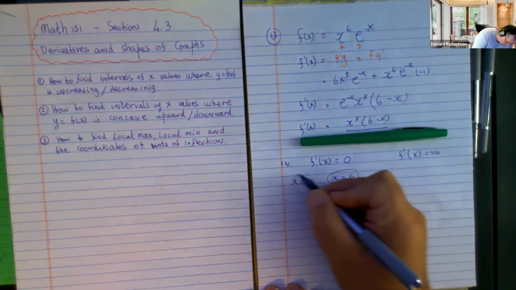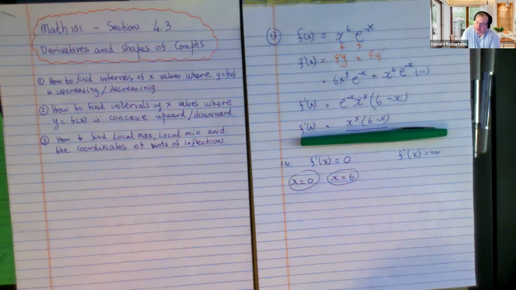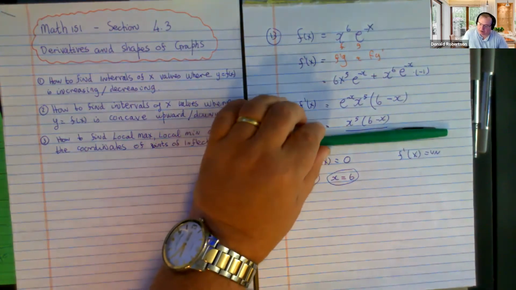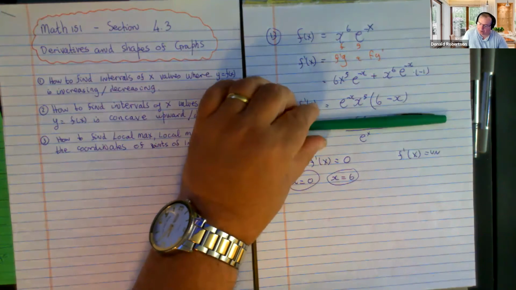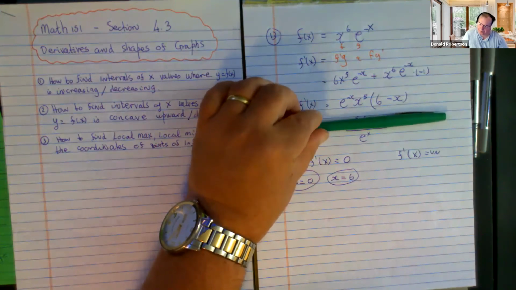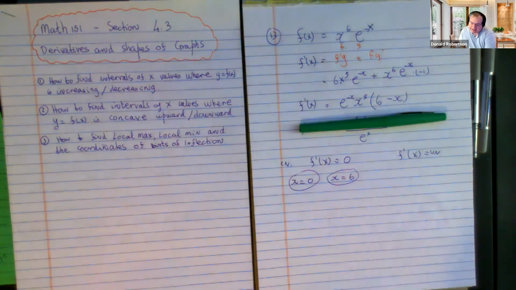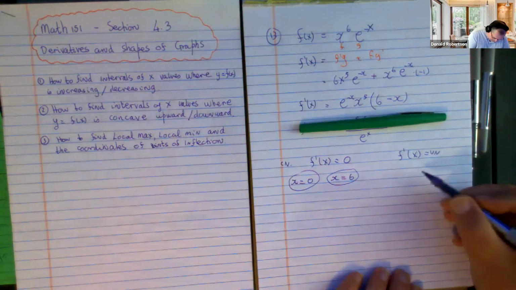So there are two good critical numbers. The derivative is going to be 0 there. Now, if it's going to be undefined, you only need to look at the bottom. Is there a value of x that makes e to the x 0? No. So there's nothing.